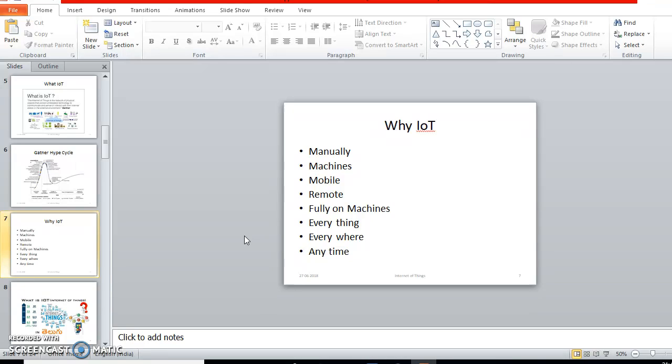Same thing after the existence of the IoT, after the invention of the IoT, not just the laptop or the desktop, anything, a chair can share some information. A chair can operate remotely. An AC can operate remotely. From the US we can operate an AC in India like that.